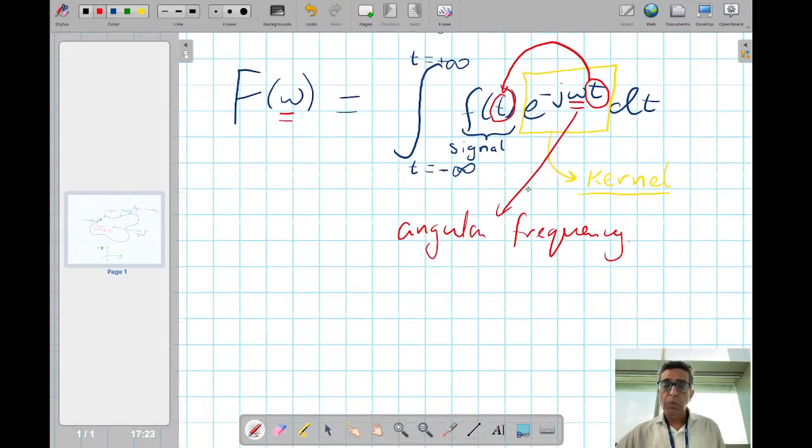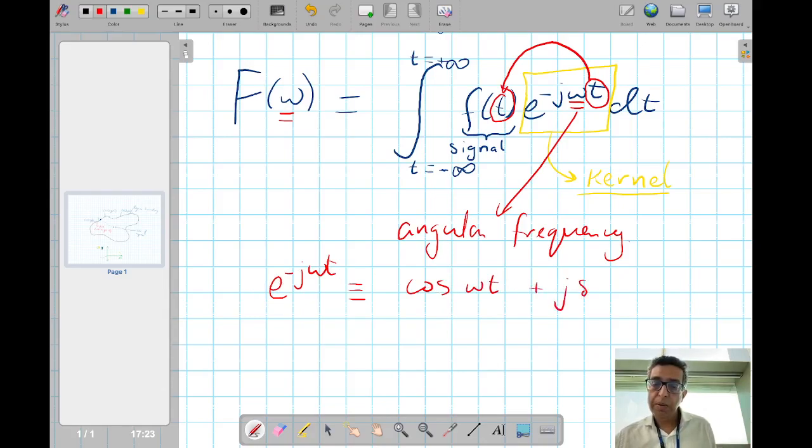One useful thing to bear in mind is that the term e to the minus j omega t has a real and imaginary part: cos omega t minus j sine omega t. So we are effectively multiplying our signal by this complex signal, e to the minus j omega t. Oh, by the way, that should be a minus sign there.